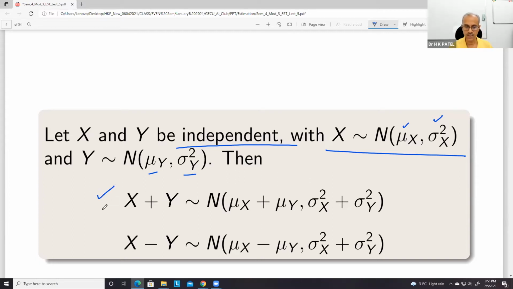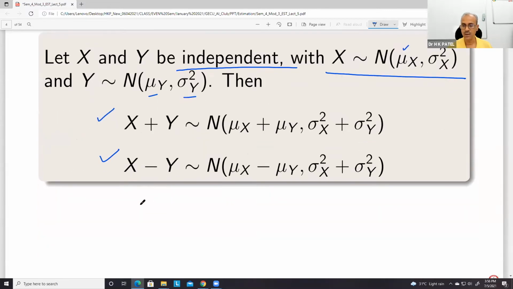These cases we have already seen. x plus y is a normal random variable having mean mu x plus mu y, and variance sigma x square plus sigma y square. If you take the square root of this, you will get the standard deviation. Similarly for the difference between two random variables.